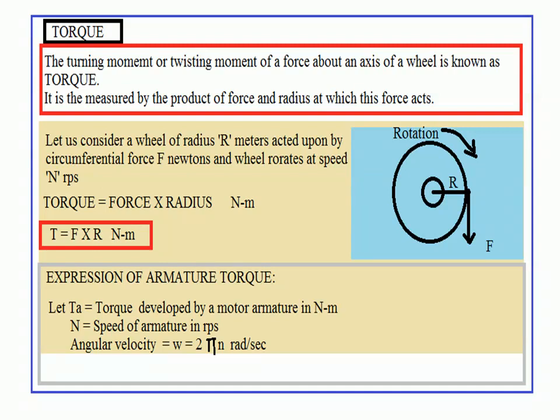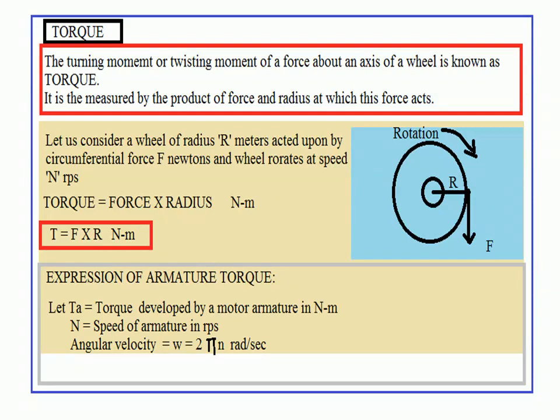Hence, torque is perpendicular distance into force. Here r is the perpendicular distance from the axis of the wheel. F is the force in newtons, r is in meters. The torque equals F into r. Unit is Newton meter. Understand? This is for 2 marks.